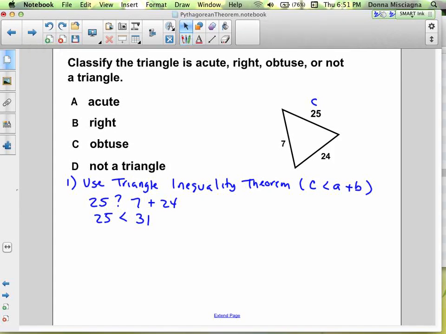All right, so now let's use the Pythagorean theorem to classify. I'll write out Pythagorean.